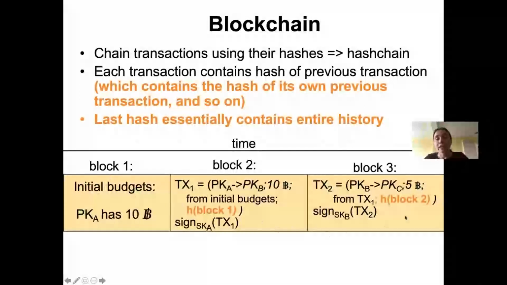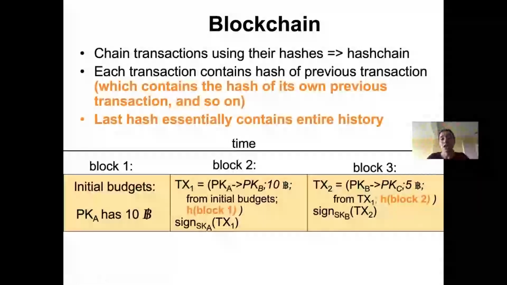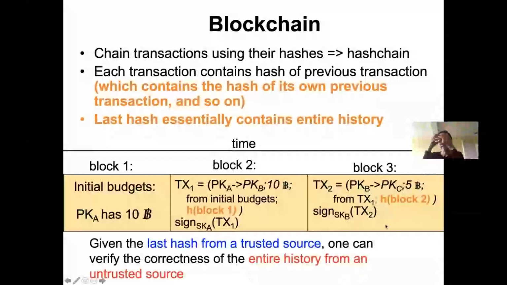So essentially, the last hash contains the entire history, and it accumulates the entire history inside it, which is a very powerful primitive. Why? Because if someone obtains the last hash from a trusted source, then even if they obtain the history from an untrusted source, they can check it against the trusted source.